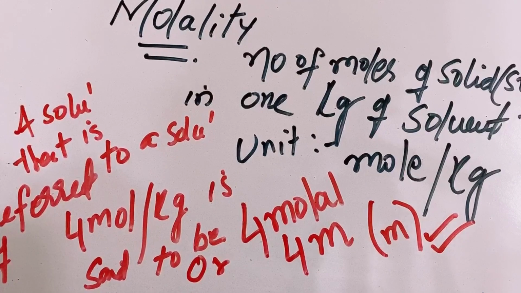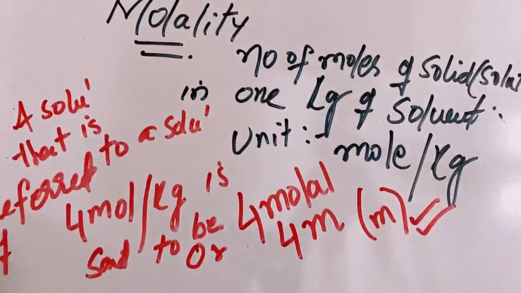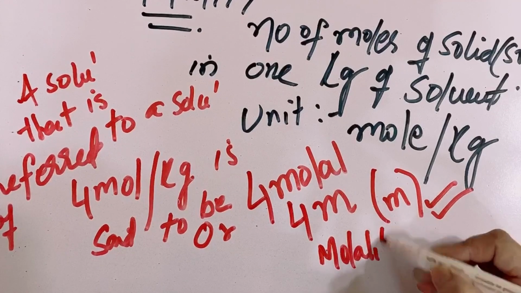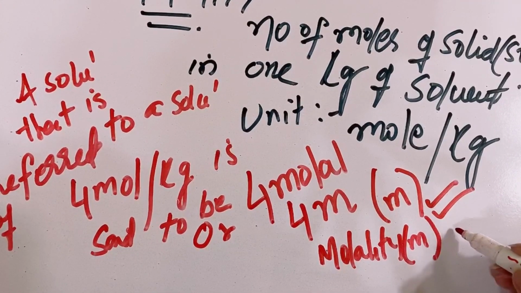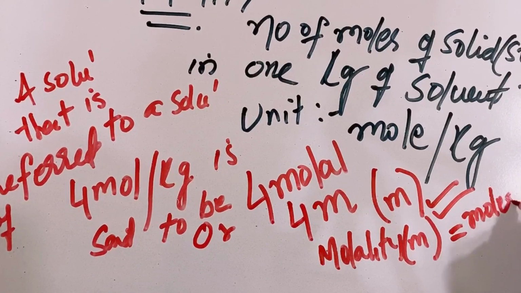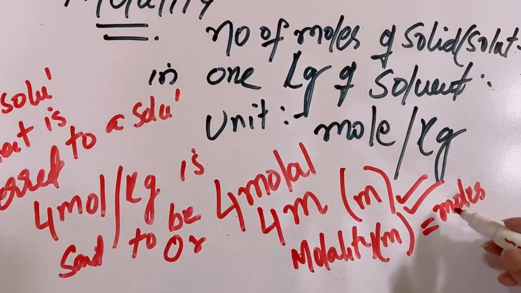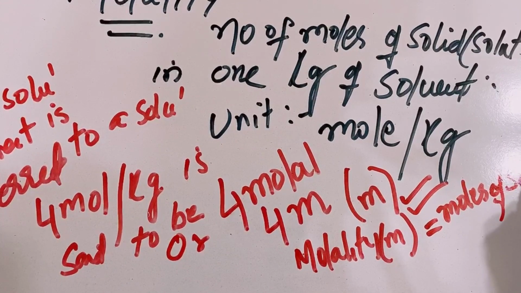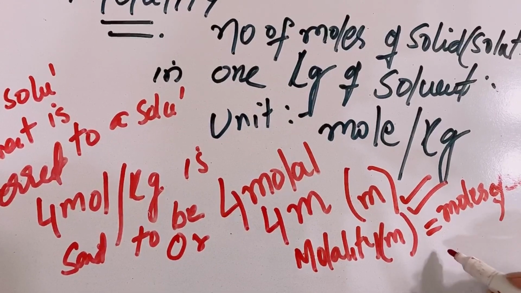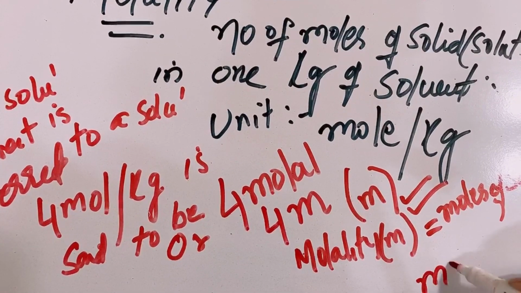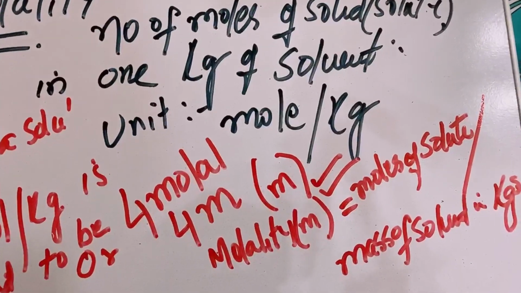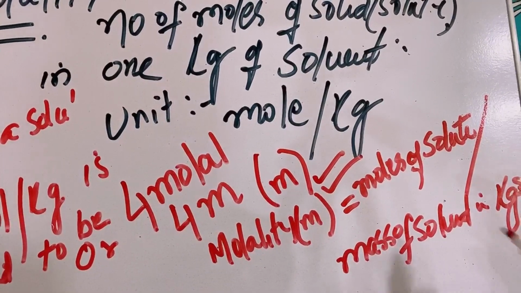Now if you have to calculate molality, this would be the equation: molality, m, equals moles of solute divided by mass of the solvent, in kilograms.